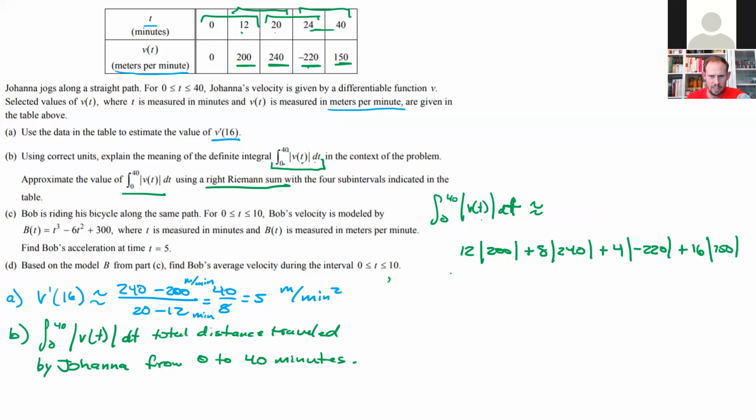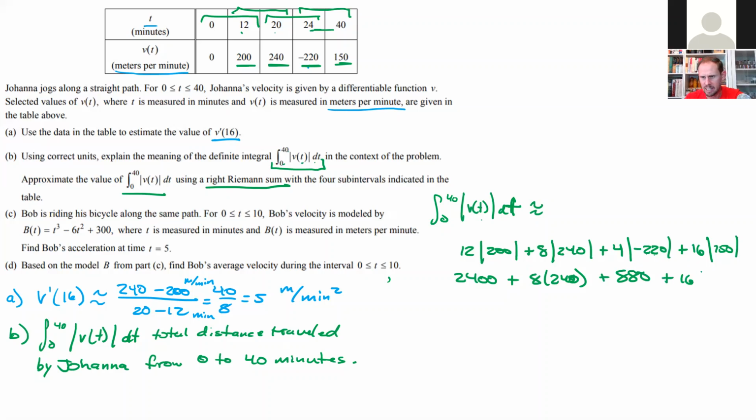All right, so this would be, let's see, 8 times 240, plus, that's going to cancel out, that's 880. So the negative sign cancels out here.